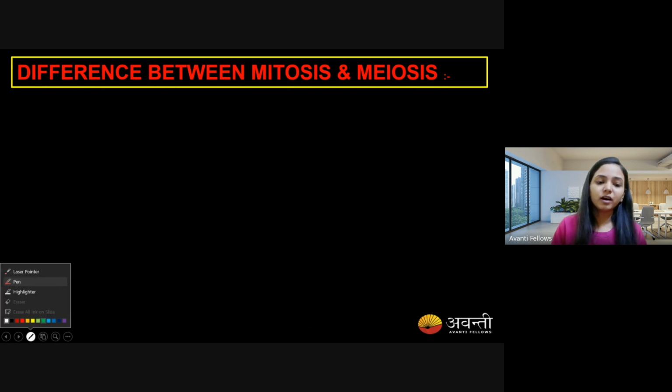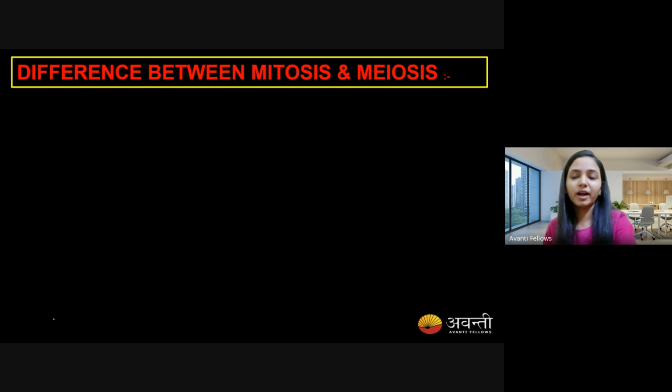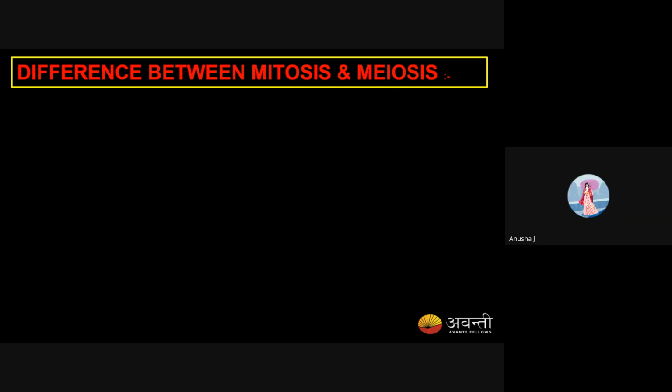Can you tell me the difference between mitosis and meiosis? बताओ. Raise your hand if you know the answer. Yes, Anusha, tell me. जितना आपको पता. Mitosis is an equational division. Meiosis is a reductional division.